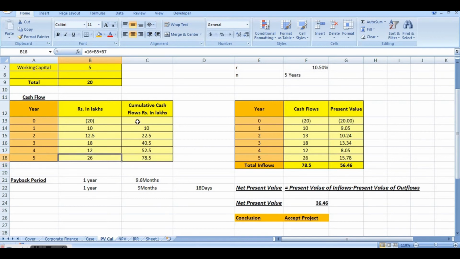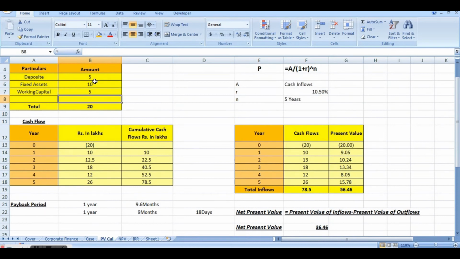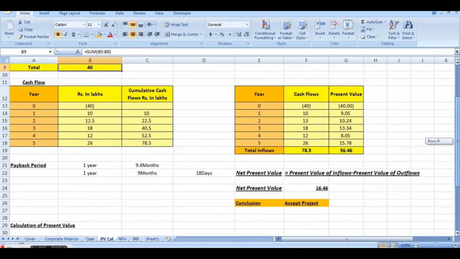Or if I come to know that my outflows are, instead of 20, are 40. There is one more item that I have missed, and the value of that outflow is 20, you still have a net present value as positive.